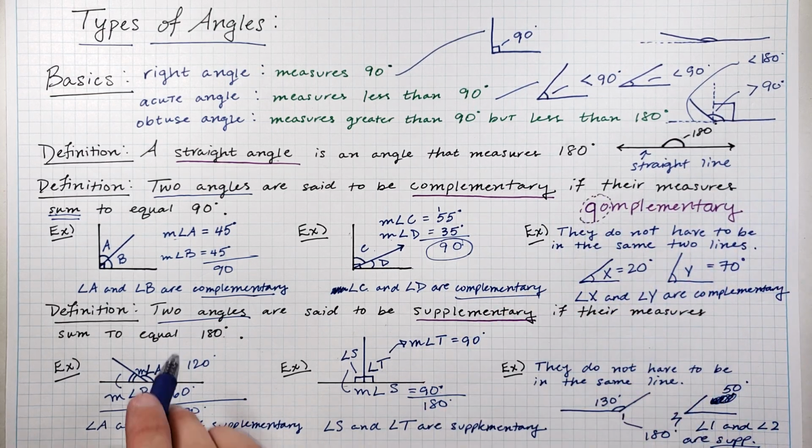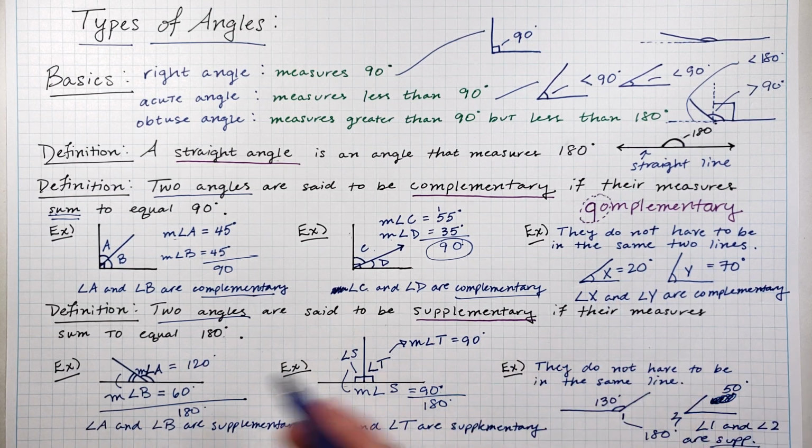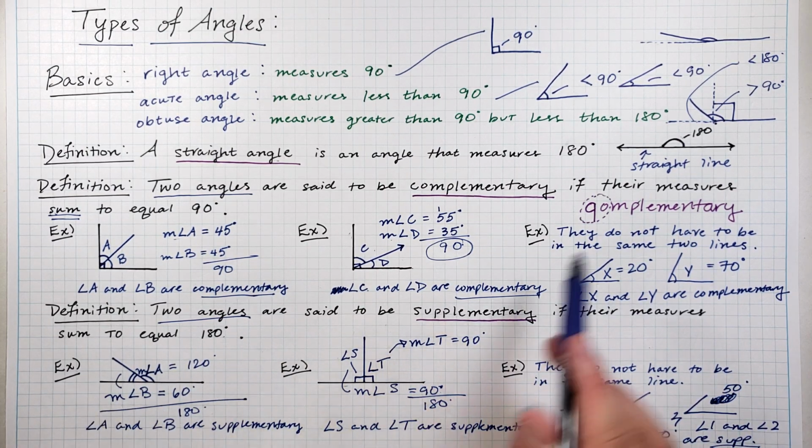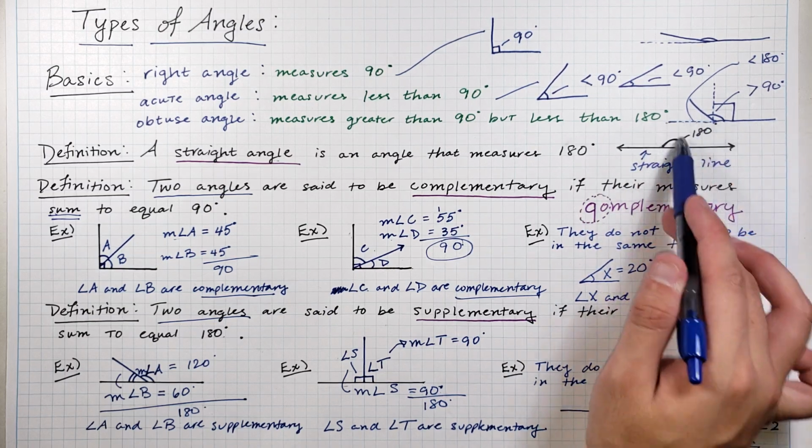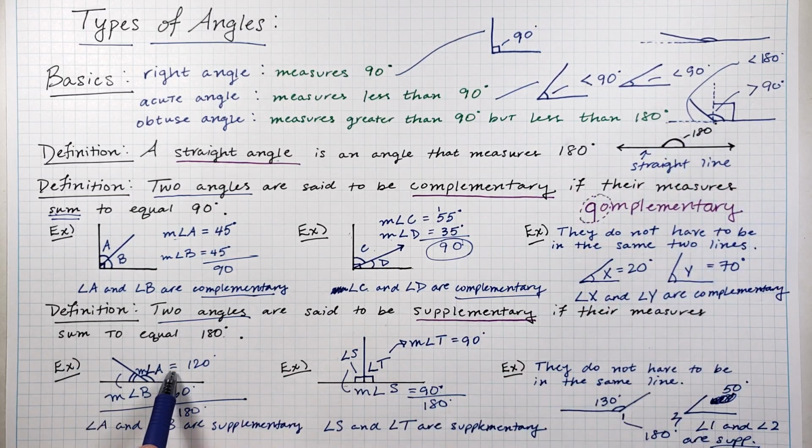Then we said two angles are said to be supplementary if they add to be 180. 60 plus 120, right? We broke up a straight line, which has 180 degrees in it already. We broke it up into 120 and 60. Added those two angles together, we got 180. Because they added to be 180, we said supplementary. Then we looked at right angles, and it was 90 and 90 in this case, and they added to be 180.